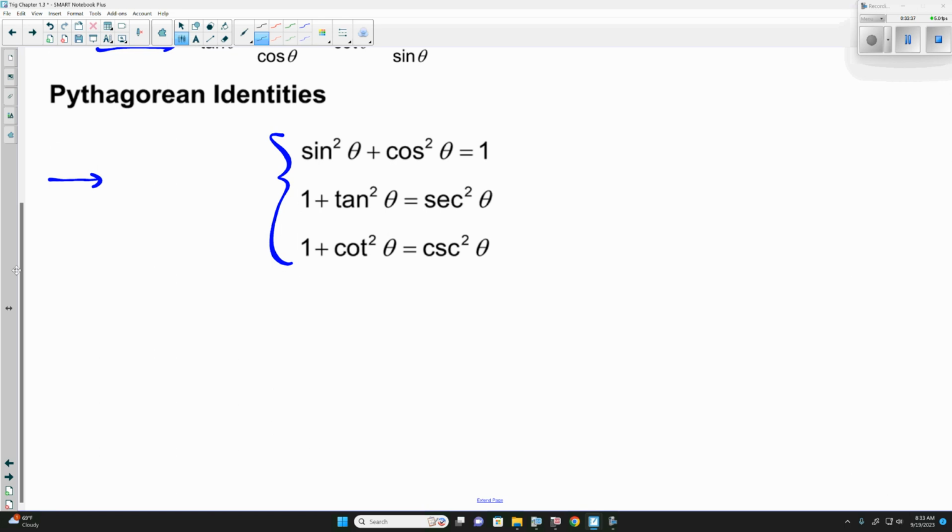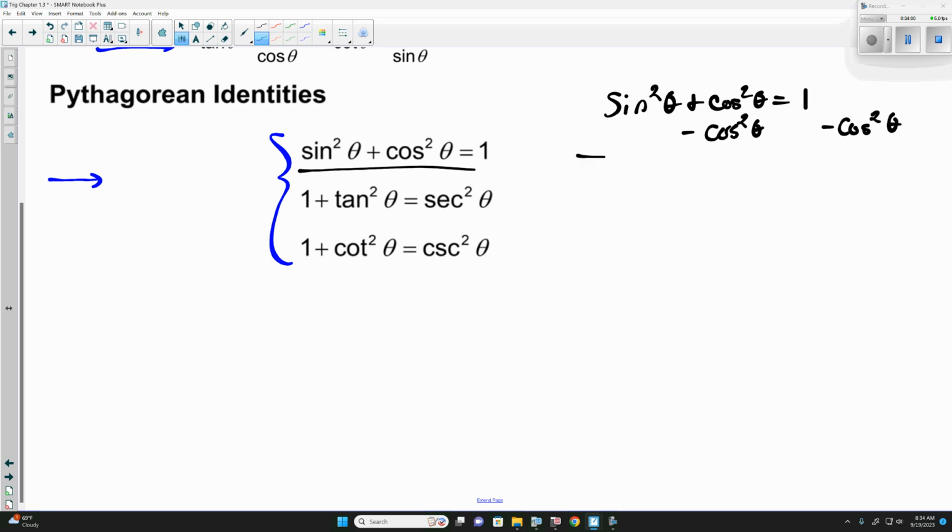Well, these three here are the only ones that have a square. Well, I'm going to take this formula and get it in terms of sine. And to do that, I'm going to subtract cosine squared of theta from both sides. These cancel out, telling me that sine squared of theta is equal to 1 minus cosine squared of theta.